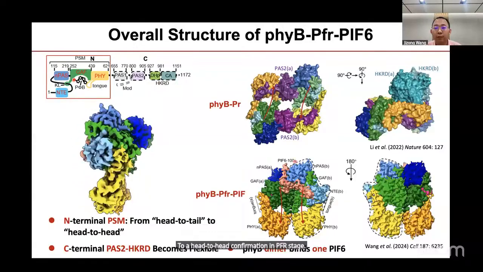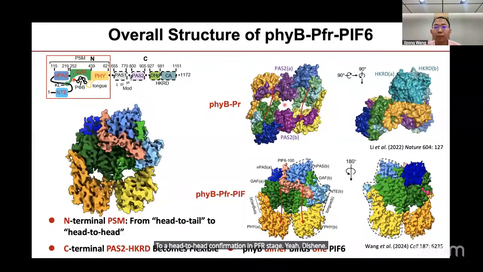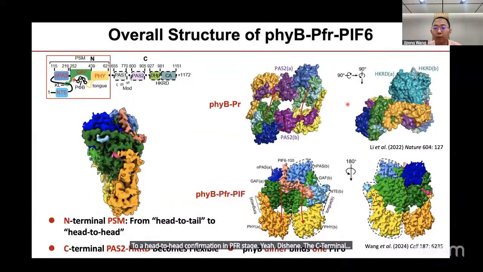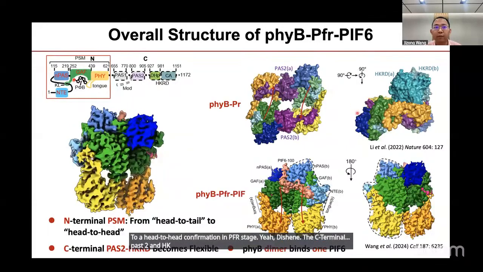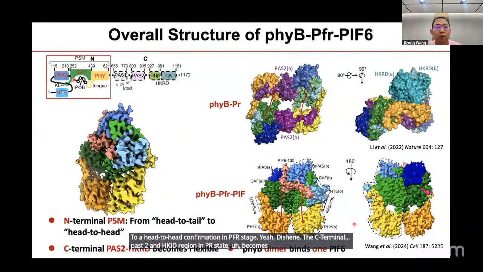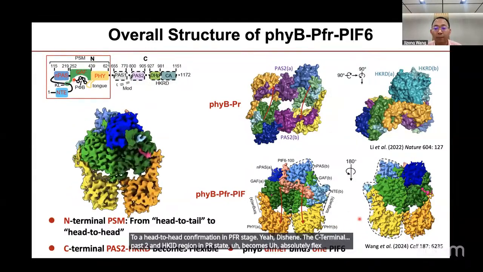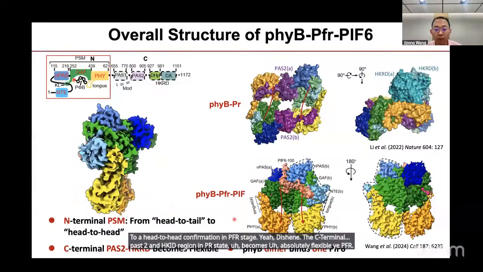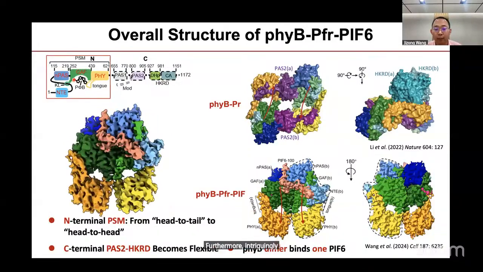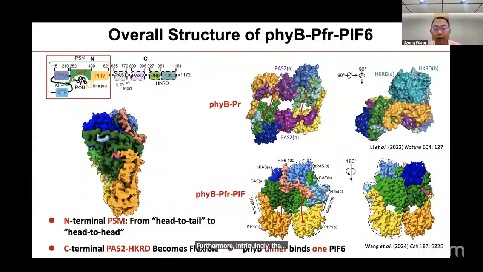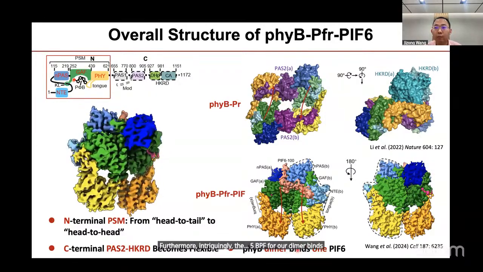In addition, the C-terminal PAS2 and HKRD region in the PR state becomes absolutely flexible in PFR. Furthermore, intriguingly, the phyB PFR dimer binds only one PIF6.